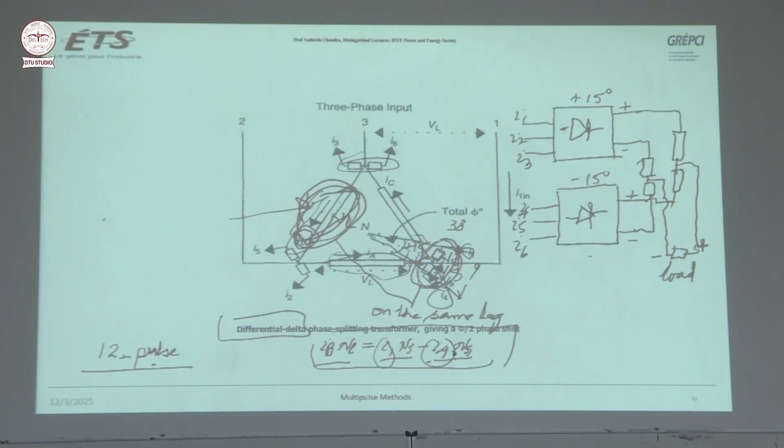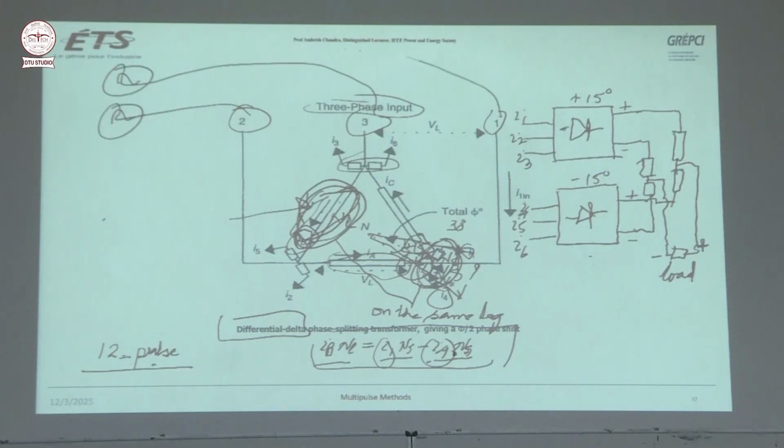See, plus 15 degree for this and minus 15 degree. So you see these are the inputs. So three phase input. Okay, so here you have 3 phase input like this. And then you have output.